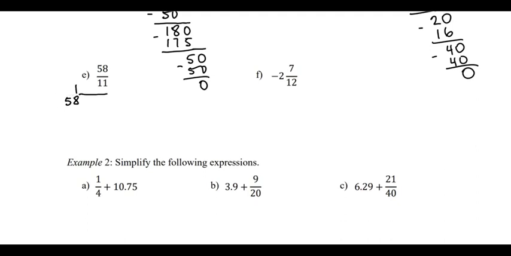I probably need to bring it down a little bit so I have more space. So 58, 11, I have 4, so that means 44. And that would be 14. So we are out of whole numbers.